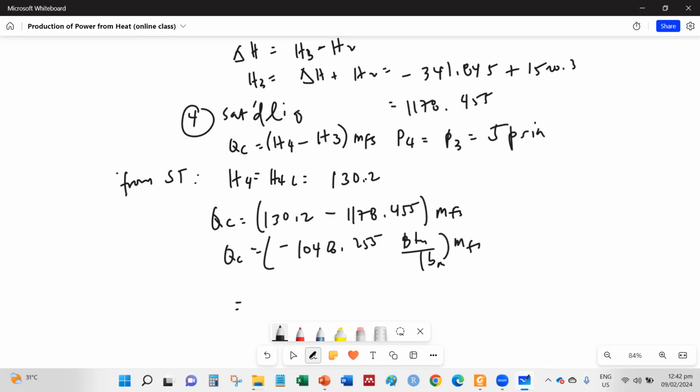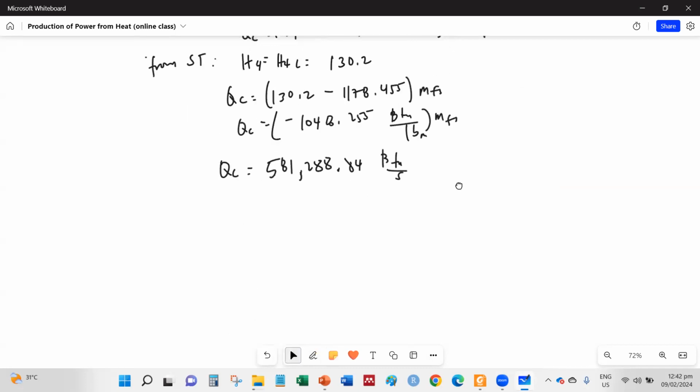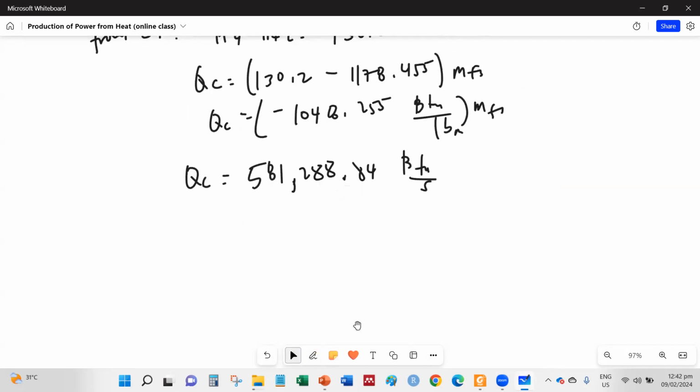Ay, na-solve natin kanina. So, times 554.53. Our QC is actually 581,288.84, and this is BTU per second. Okay, so that's our answer.